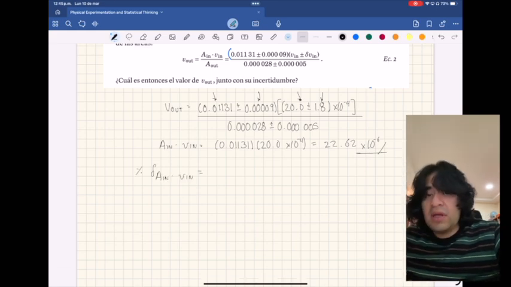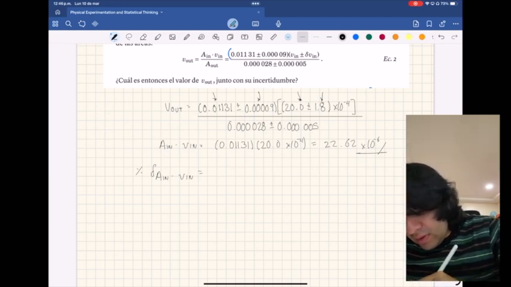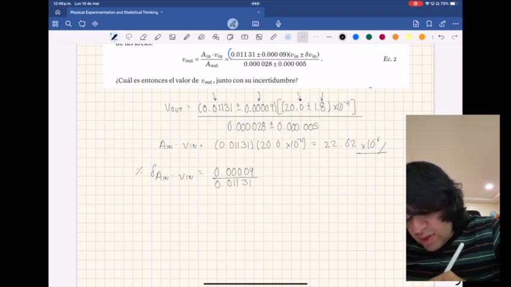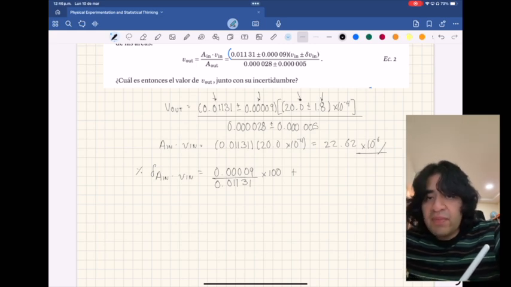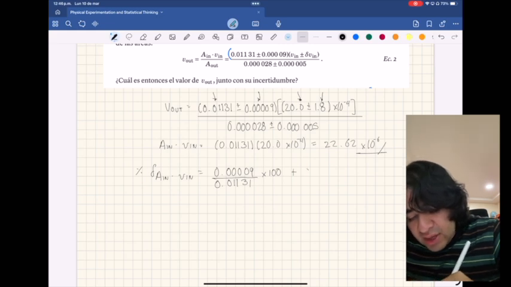Remember that for the uncertainties, we have to divide the uncertainty with the main value, and the result is multiplied by 100. In the case of the second uncertainty, we have to remember that we already calculated that and we obtained that it was 9%.